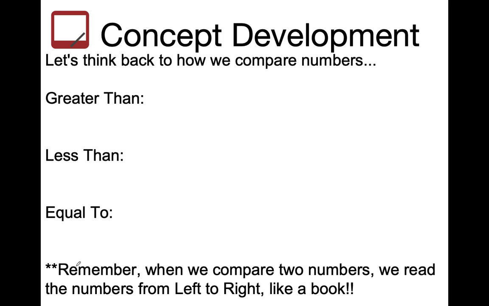It says, remember when we compare two numbers, we read the numbers from left to right, like a book. So if we were to say a number is greater than, okay, our sign is going to go this way, okay? Our sign will be eating a bigger number.